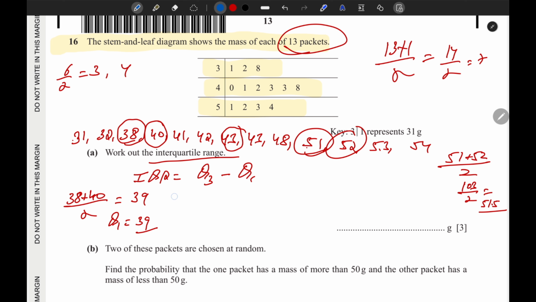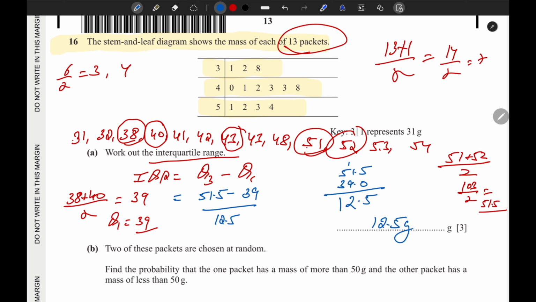Q3 minus Q1 is 51.5 minus 39. You have to subtract this. 51.5 minus 39.0. So this is 5, carry over 1. This becomes 11. 11 minus 9 is 2. This is 4, 1, 12.5. So this is 12.5 grams. Nice.